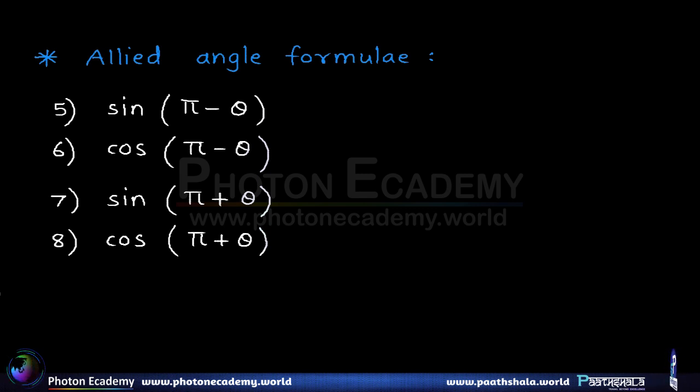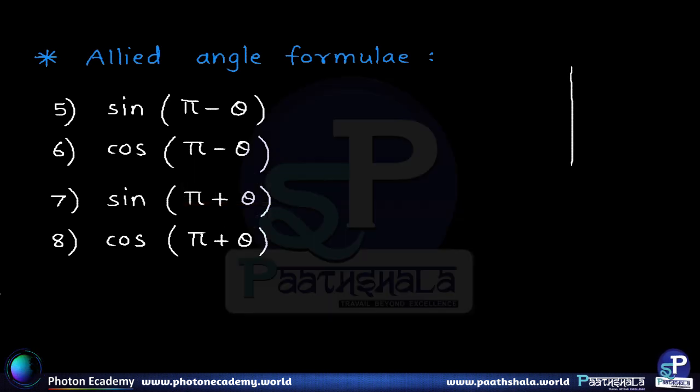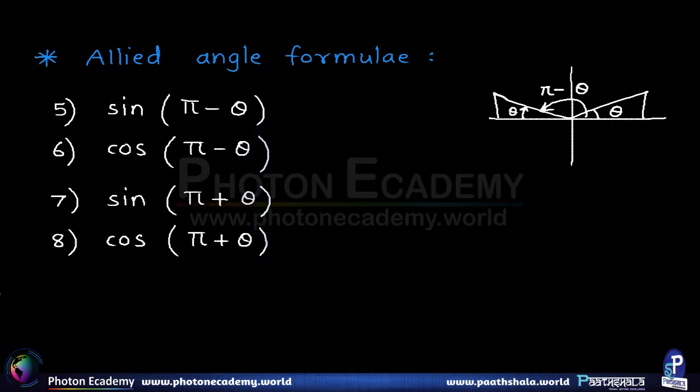So let's take first sine of pi minus theta. Let's see where that pi minus theta is present. So if you consider theta like this, then pi minus theta will be nothing but theta less than the pi, isn't it? So if you see, sine of the original angle and sine of pi minus theta will be exactly the same because both are positive y coordinates.